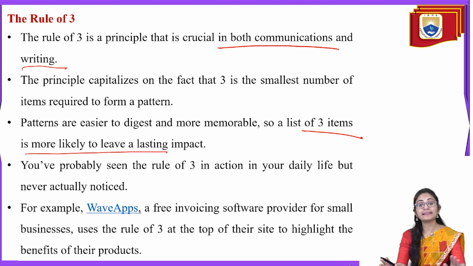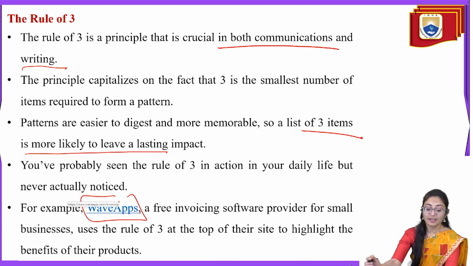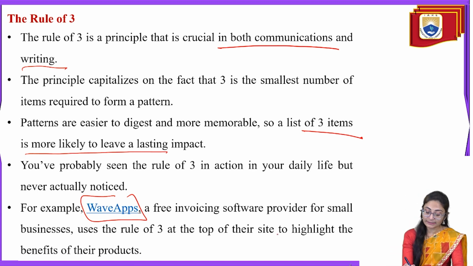You have probably seen the rule of three in action in your daily life, but you didn't notice it. For example, Wave App, a free invoicing software provider for small businesses, uses the rule of three at the top of their site to highlight the benefits of their products.